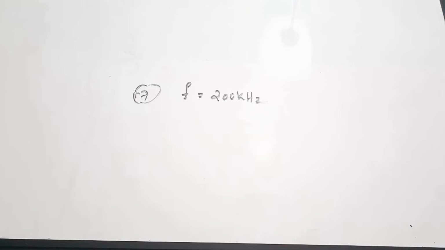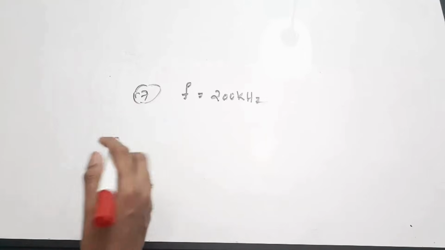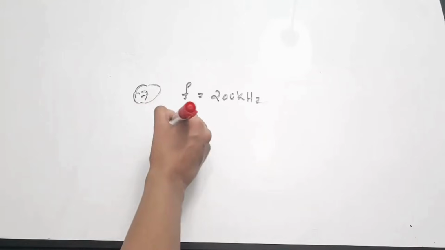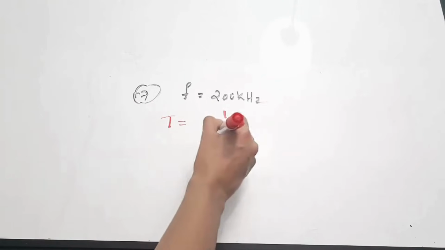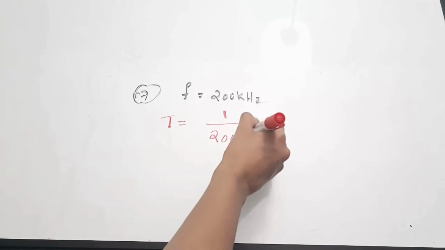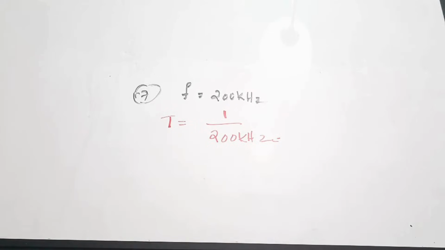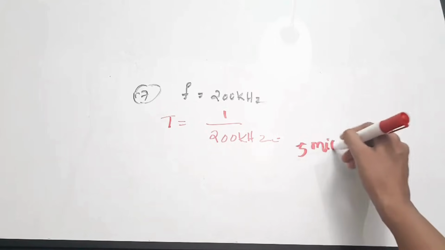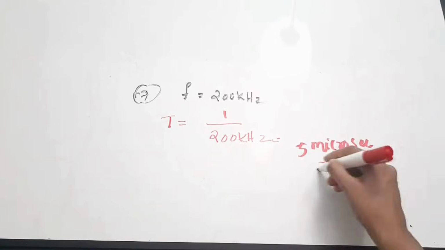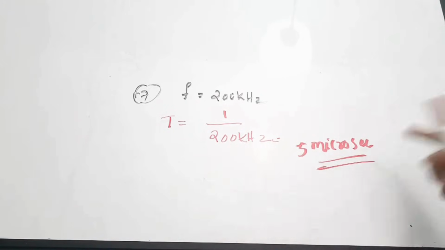So what is the time period? If the frequency is this, time period T equals 1 by 200 kilohertz, which is nothing but 5 microseconds. So 200 kilohertz means 5 microseconds.